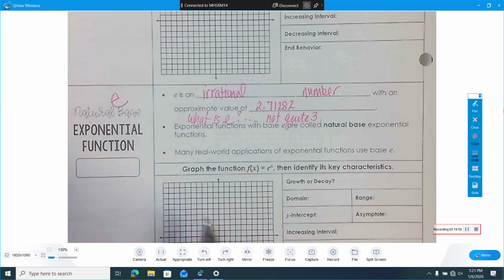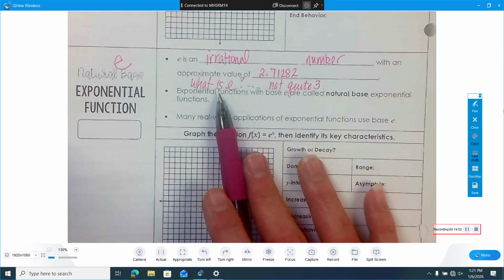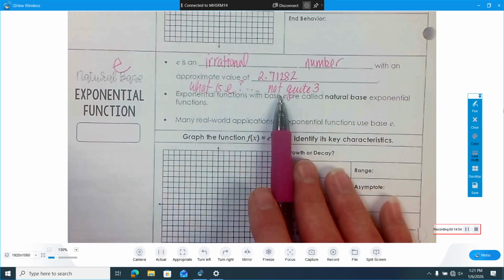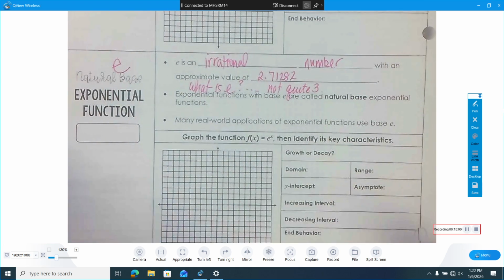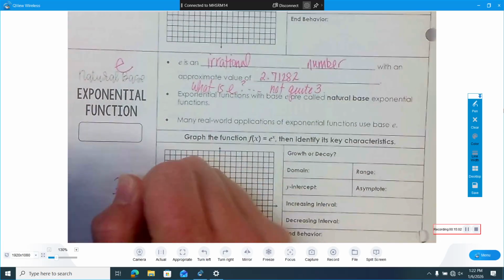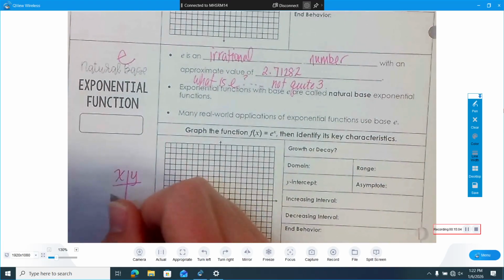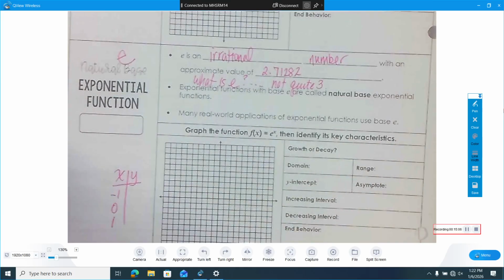So base e, because we know that e is not quite 3, we can graph it in much the same way. If I want to graph e to the x, I can do a little xy table and use -1, 0, and 1.